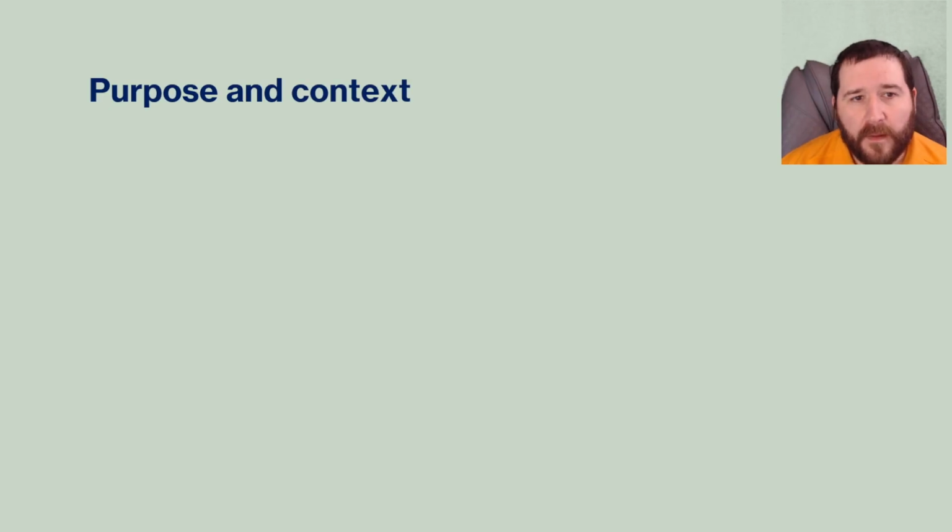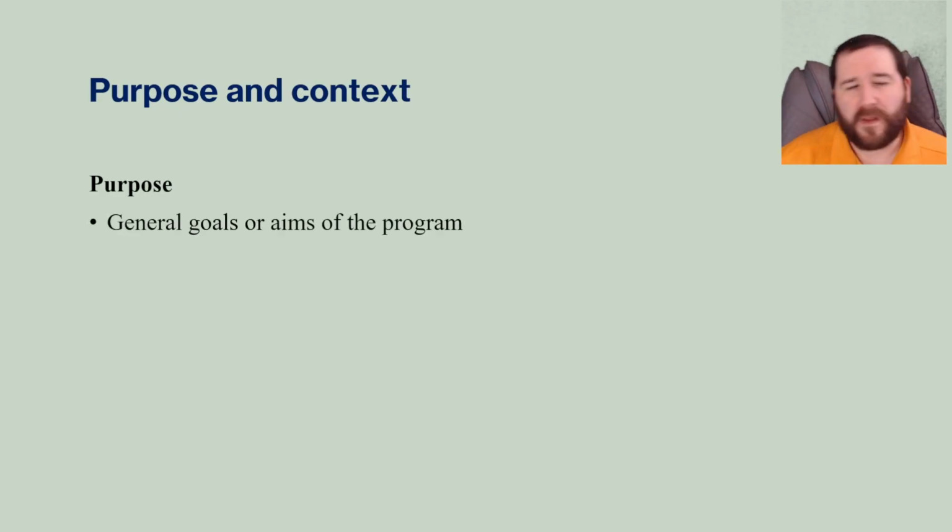Starting off with our purpose and context. When we're making our logic model, for our purpose, I'm just looking for general goals or aims of the program. What do you hope your training program is able to do? Speaking in general terms, clearly, so that anyone can understand it.